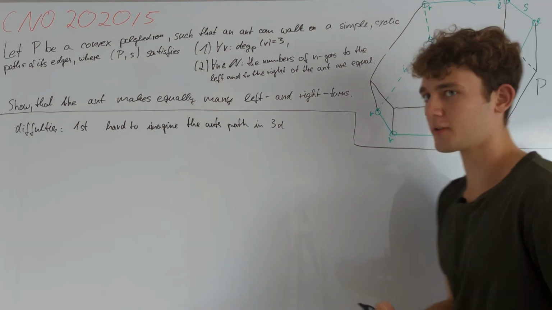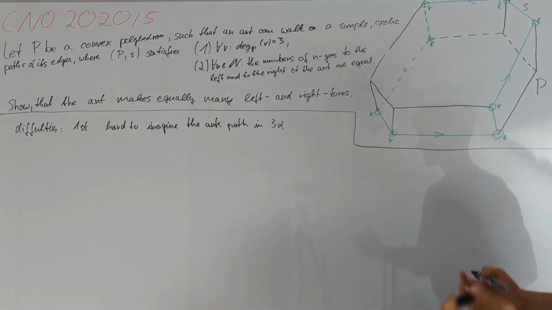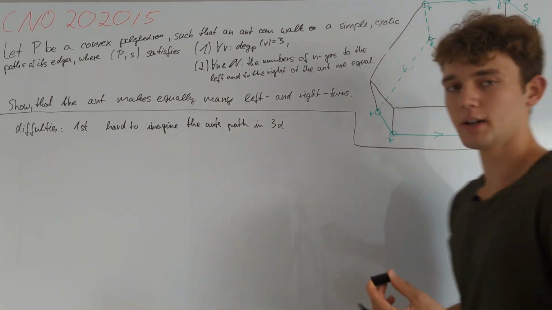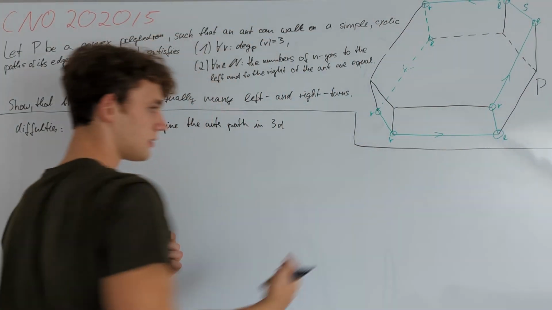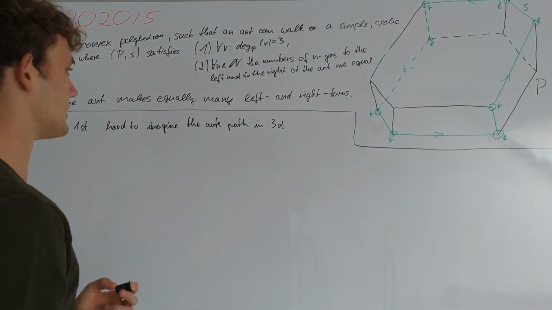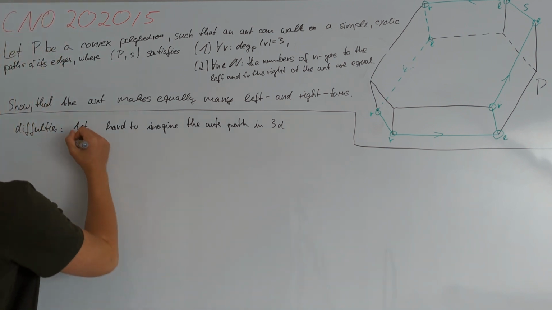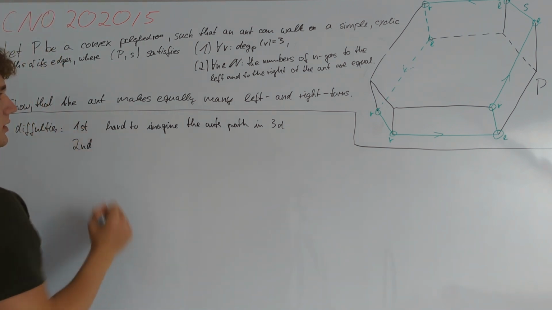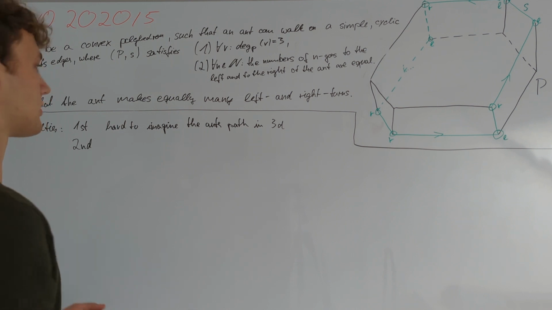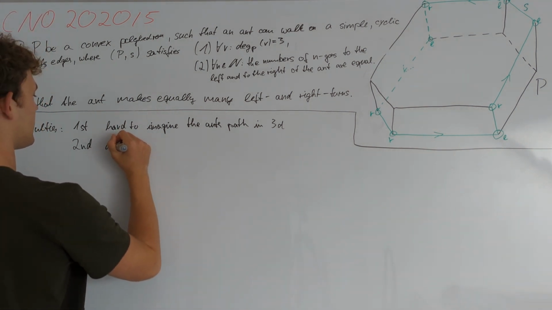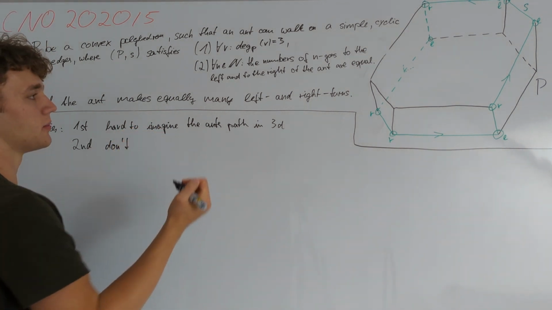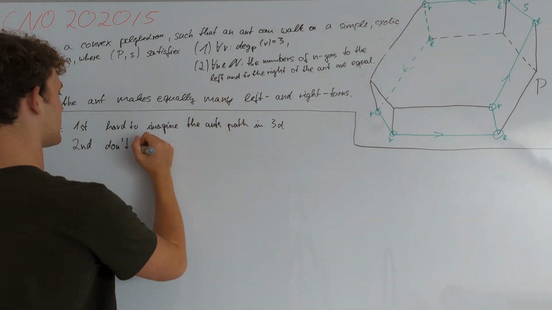But of course, you understand that that is still true, but we have to be able to imagine all of this in 3D, which is not easy. And secondly, we don't know much about left and right turns yet, because this is an unfamiliar notion in these types of problems.